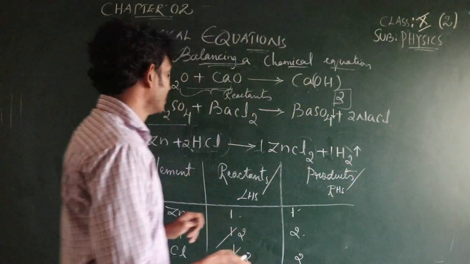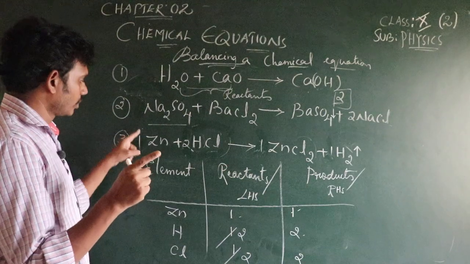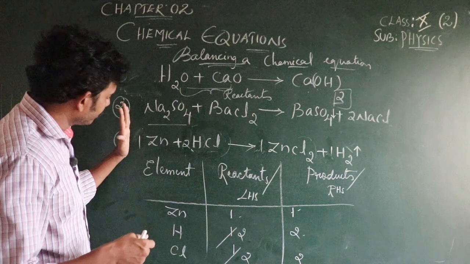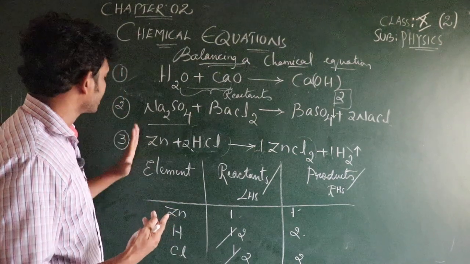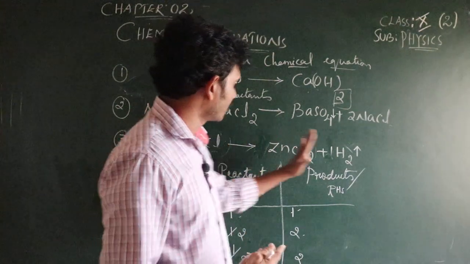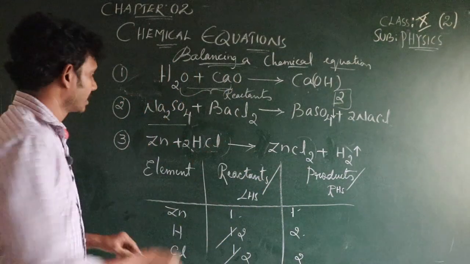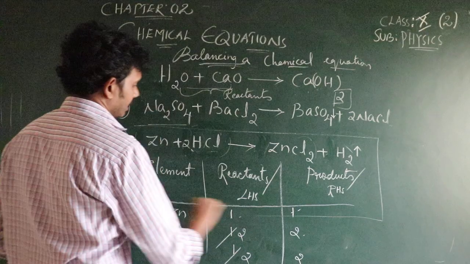I told you already, if no number is there it means 1, so there's no need to show the 1. So this is a final balanced chemical equation.